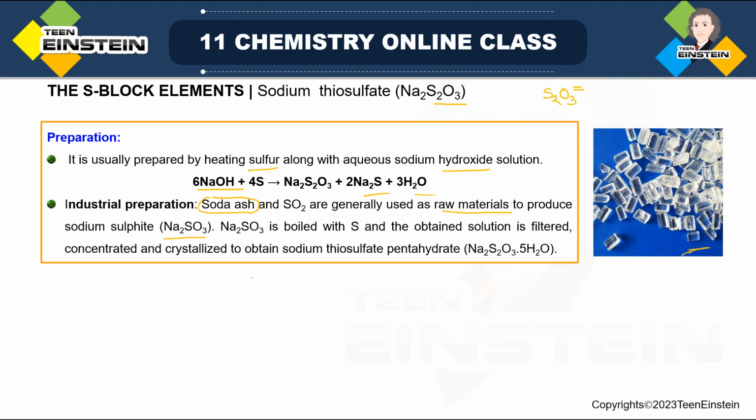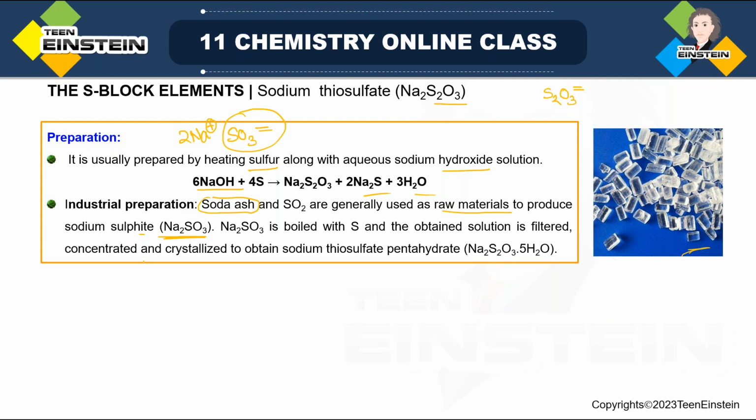First, we use Na2CO3 and sulfur dioxide, and there is formation of sodium sulfite, Na2SO3. Look at this formula: SO3 2 negative and 2 sodium ions. This ion is called sulfite.